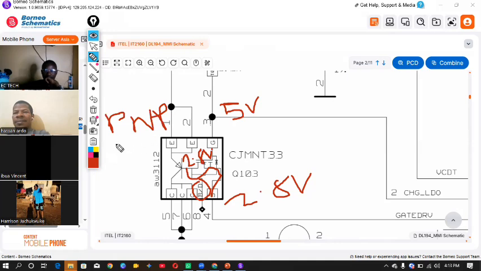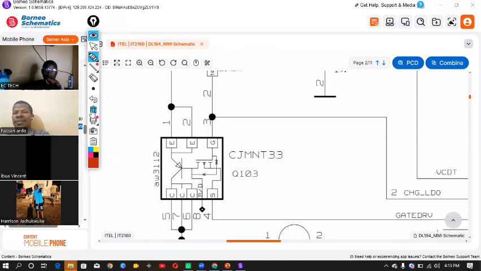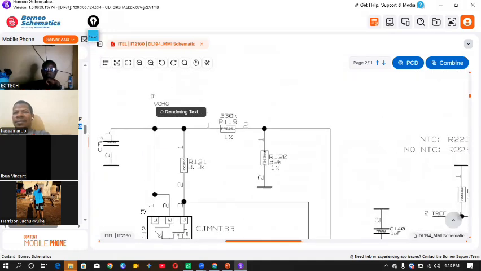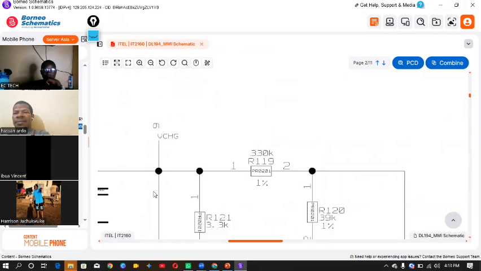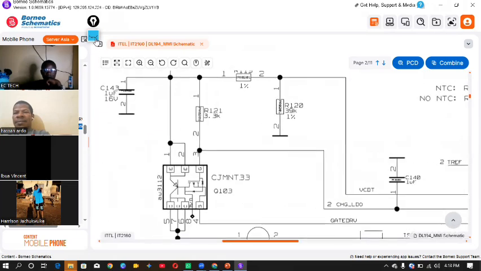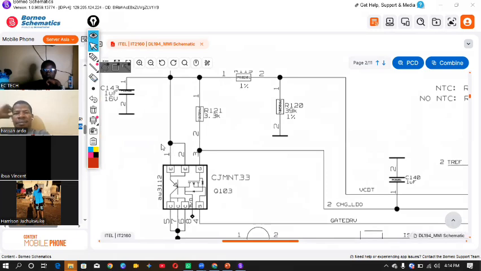For a PNP transistor, the emitter has to be greater than the base, sir. Correct. So now let's see the voltage that is coming to the emitter. It's also the P charge, that's 5 volts. So we already have 5 volts here, that's our emitter. We already have 2.8 volts here coming to the base.